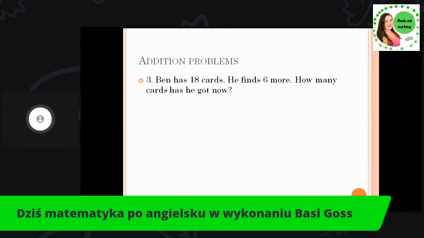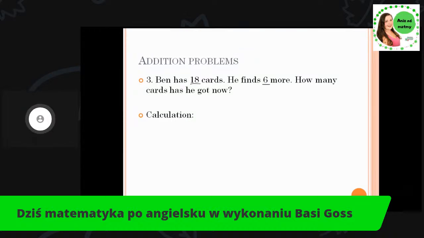So the first step, calculation. And before we do that, let's find the numbers in the question. The numbers are 18 and 6.